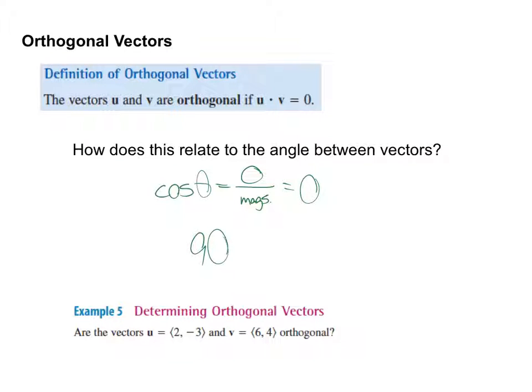So 90 degrees is just a simple name for the fancy term orthogonal. Orthogonal vectors meet at a 90-degree angle. We could describe them as perpendicular, or their directions are perpendicular to each other, and the angle between them would be 90 degrees.